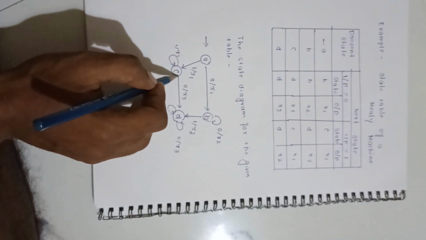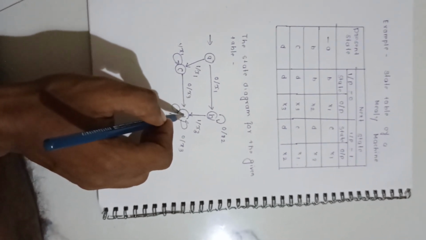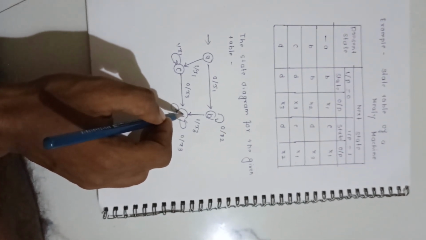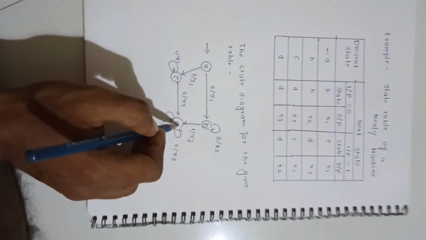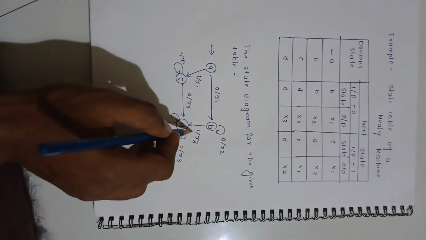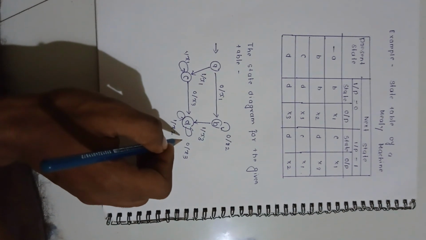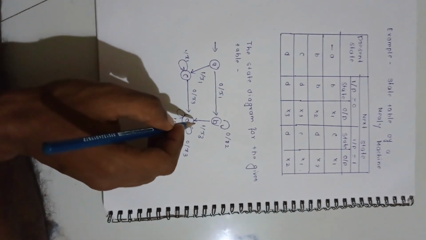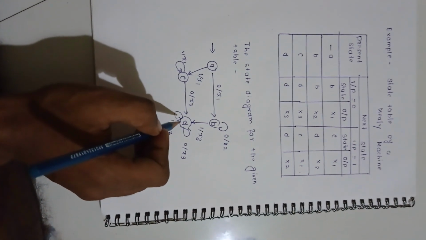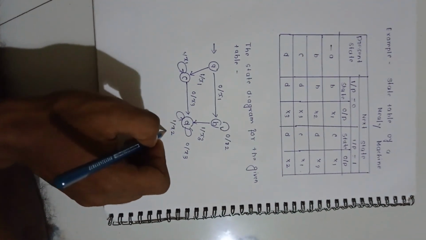After that, state D: when the input is 0, D goes to D itself and generates the output x3. When the input is 1, D goes to itself and generates the output x2.